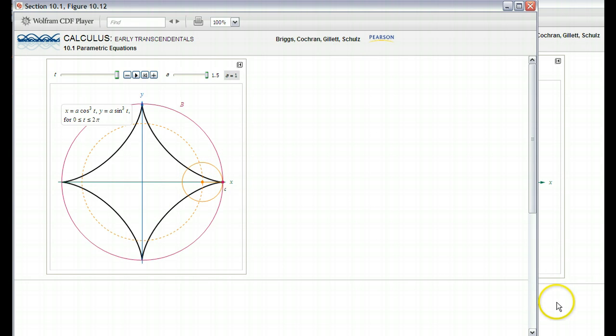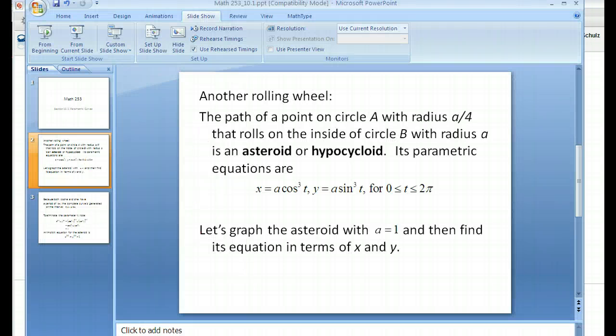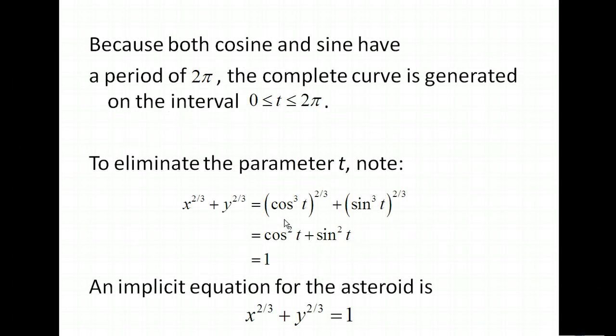Now let's take a look at how we can come up with the equation in terms of x and y. We noticed that cosine and sine have a period of 2 pi, so we did get a complete curve. Let's see if we can eliminate the parameter t. So note the following.